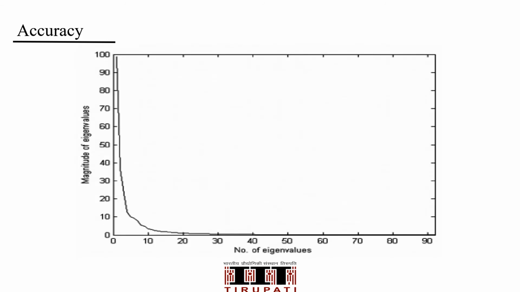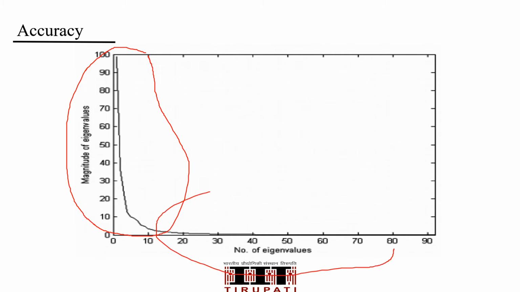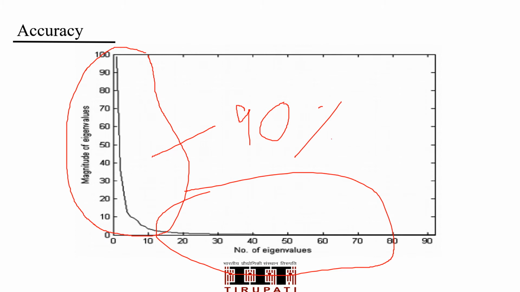I think now from this graph, it will be clear what I mean by accuracy here. If you see from the graph, only these eigenvalues contribute the major information and the rest of the eigenvalues will contribute less information. So what I am assuming is that this should be 90% and this to be 10%.